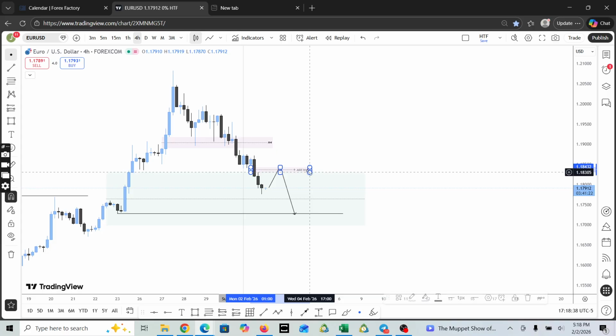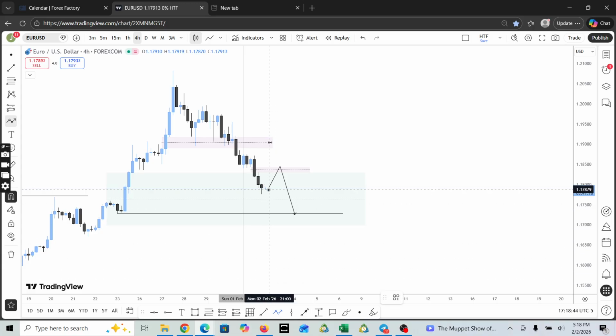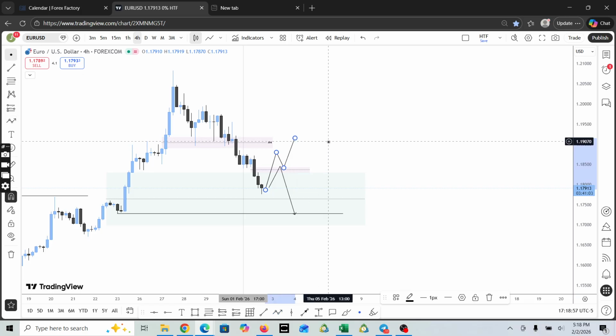we don't want to see price come all the way to close above this. It means that we'll invalidate, we'll revert this and then perhaps trade higher, right?